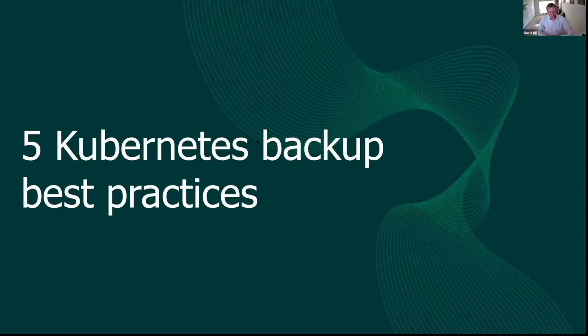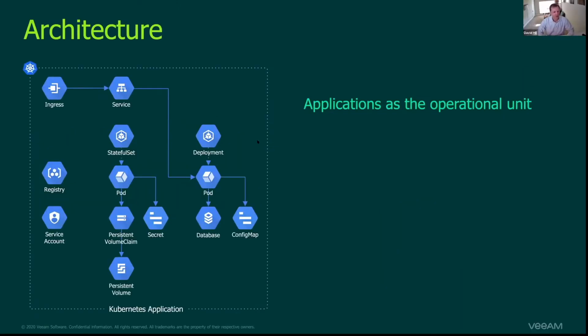As we are live, and this is working really well, we'll talk about the actual architecture and the 5 Kubernetes best practices. When we look at the best architecture, applications in the Kubernetes and containers world are the operational unit.